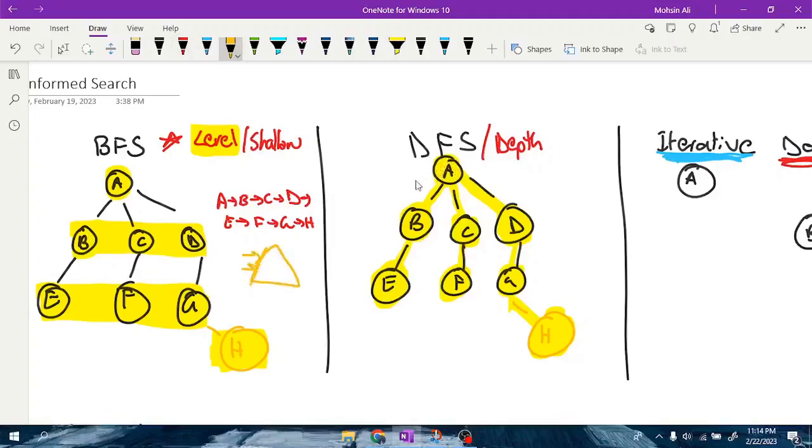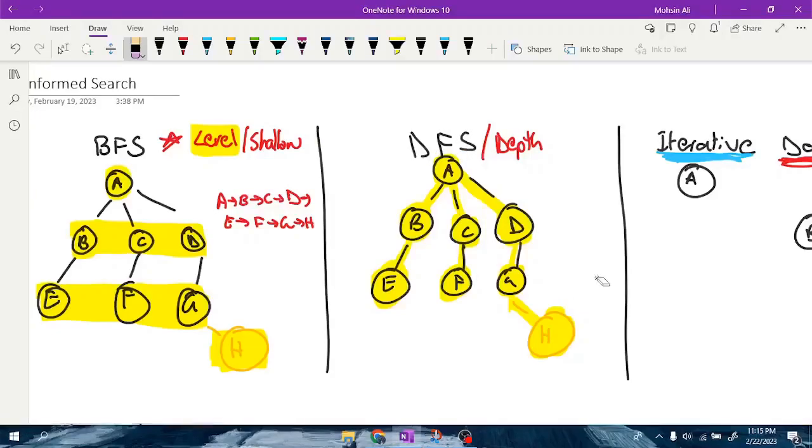And DFS is very good on memory, since the traversals are being done on different data structures, for example, this one is being done on queues and this one is being done on stacks. So the overall memory that is consumed by DFS is smaller than the one consumed by BFS, which means that the space complexity of DFS is smaller than the space complexity of BFS.